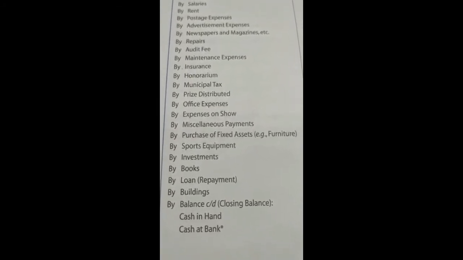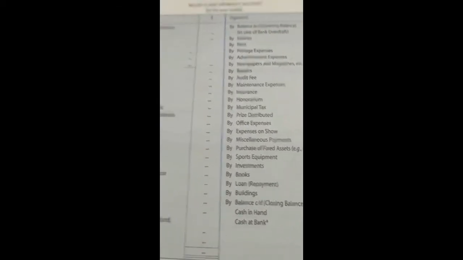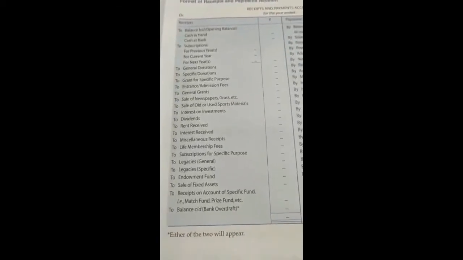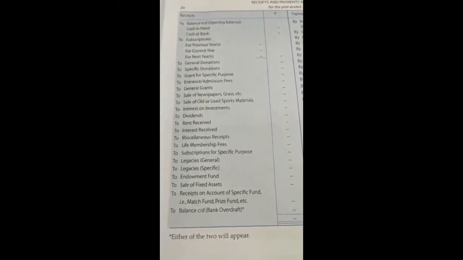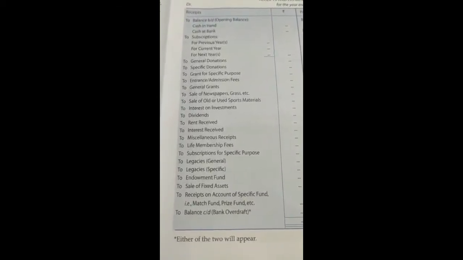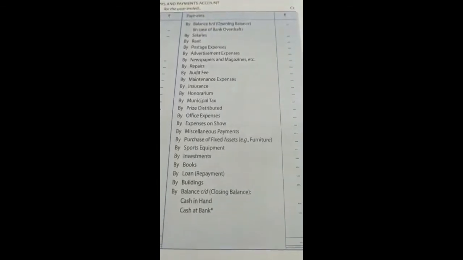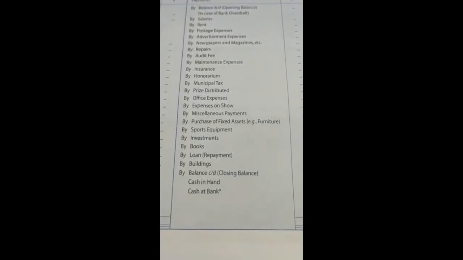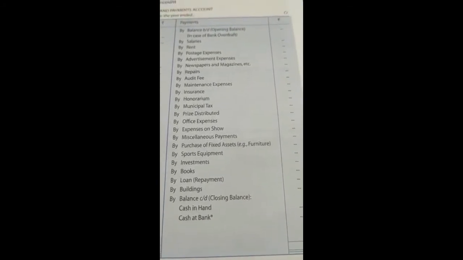Then by loan repayment. When you repay the loan, it is not given on the receipt side, but when the loan is taken, there is an inflow of cash, so that comes on the receipt side. Here on the payment side, the same loan is repaid or any installment of the loan is repaid, so that repayment of the loan becomes your payment.